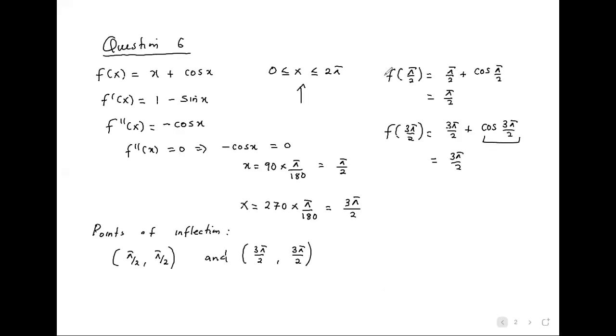Now, before you proceed, how do you know when answering it that you're supposed to differentiate twice? The word inflection. Inflection does not deal with the first derivative. It deals with the second derivative. Just like we say critical numbers for the first derivative, for the second derivative, we say inflection points.